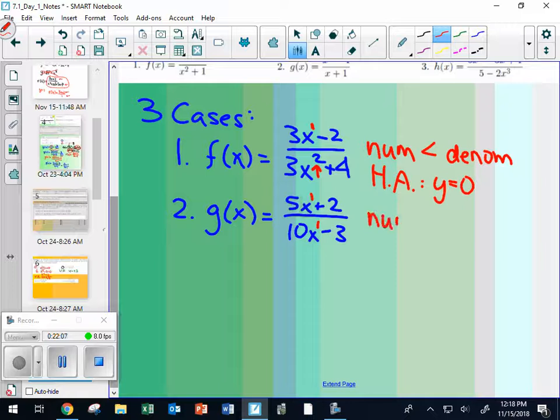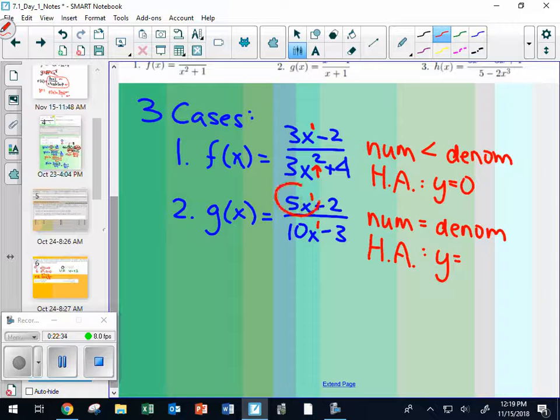So if the degree of your numerator is equal to the degree of your denominator, then the horizontal asymptote will be a ratio. You can find that ratio by looking at the coefficient of your numerator and dividing it by the coefficient of your denominator. The coefficient I'm referring to is the coefficient of your leading term.